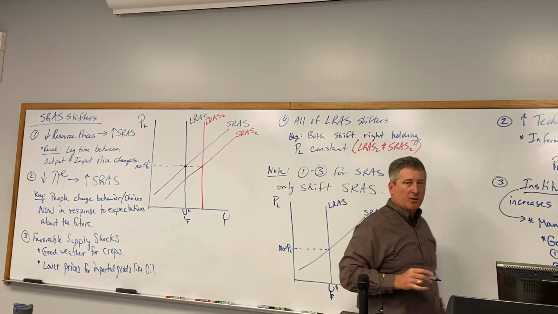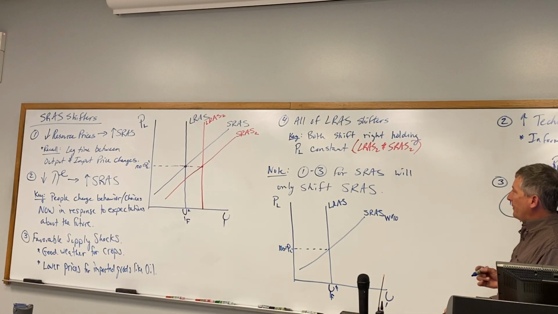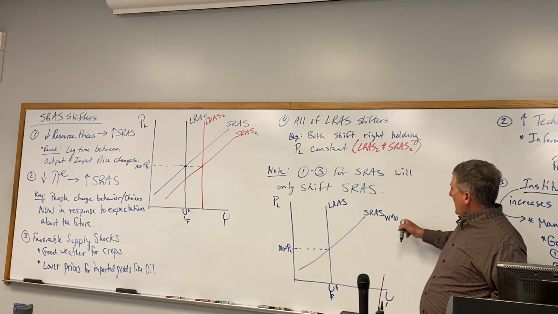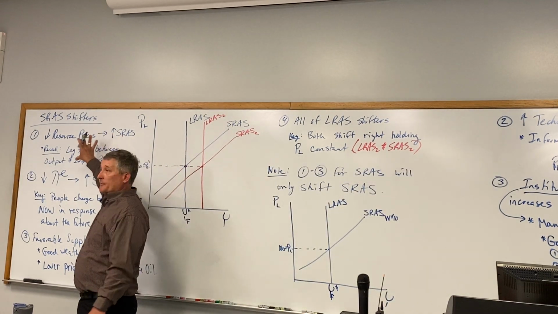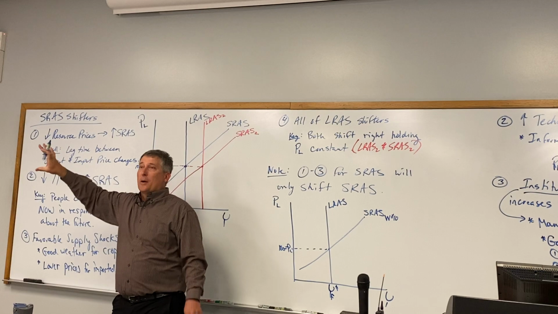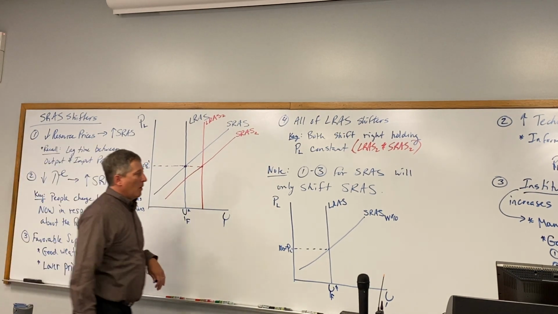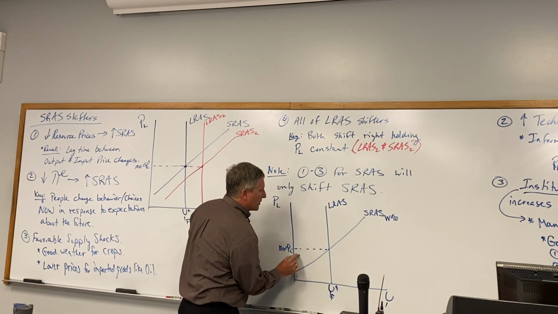So the average labor cost is $10 an hour. So if resource prices change, this shifter number 1, if wages go up from $10 an hour to $15 an hour, only the short run aggregate supply curve will shift.